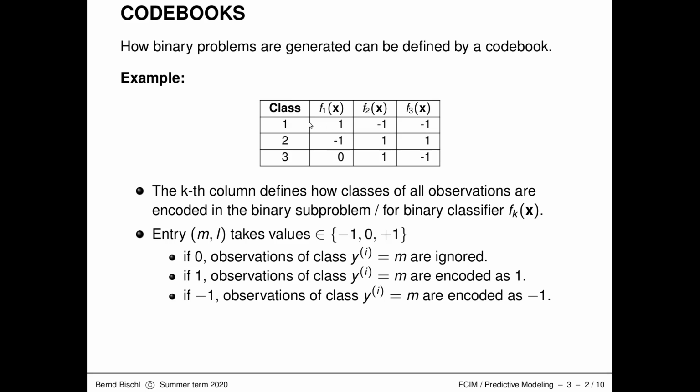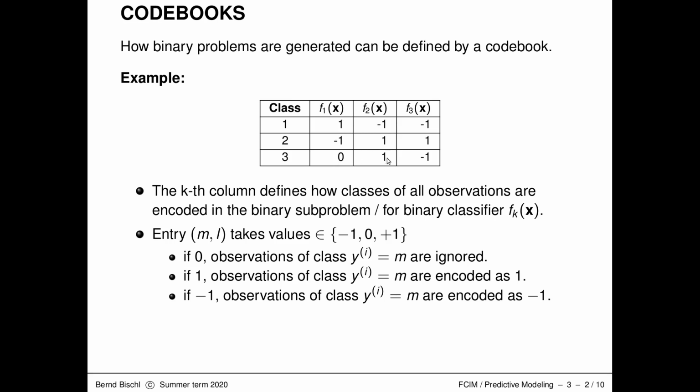So, for example, here in this first column, I would say that all observations from the first original class now form my new positive class. All observations from the original second class form my new negative class, and all observations from my third original class are actually omitted in this binary subproblem.